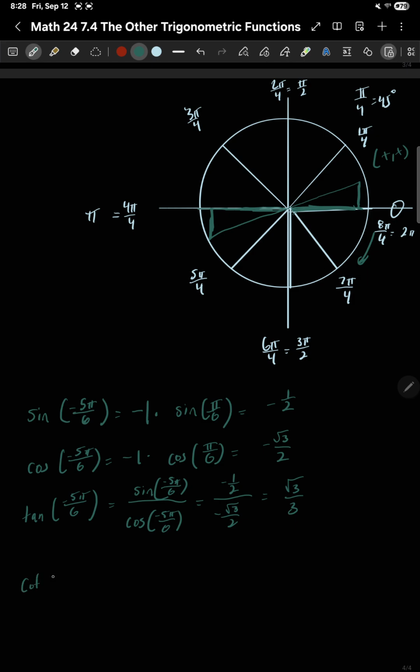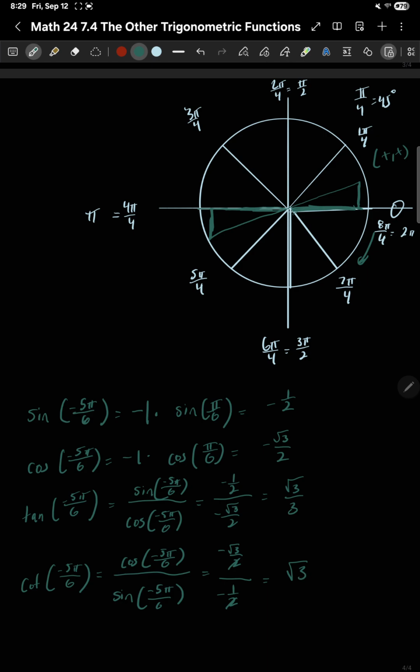And I'm just saving you, showing you the algebra again because we did it in the previous problem. And so cotangent of negative 5 pi over 6, well, that's just going to be this fraction flipped. So cosine of negative 5 pi over 6 over sine of negative 5 pi over 6. So we get the square root of 3 over 2, but negative, and sine, which is negative 1/2. And so the 2's on the bottom cancel, and we just get the negatives cancel as well. Negative divided by negative, positive. So we just get positive square root of 3.